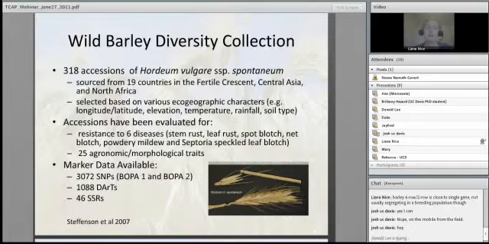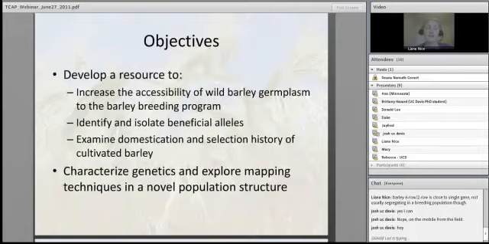They're sourced from 19 countries in the Fertile Crescent, Central Asia, and North Africa, and were selected based on various ecogeographic characters: longitude, latitude, temperature, rainfall, etc. They have also been evaluated for several diseases, agronomic and morphological traits, and additionally, they have been genotyped with over 4,000 markers. So there's a lot of information about this population available for my project.